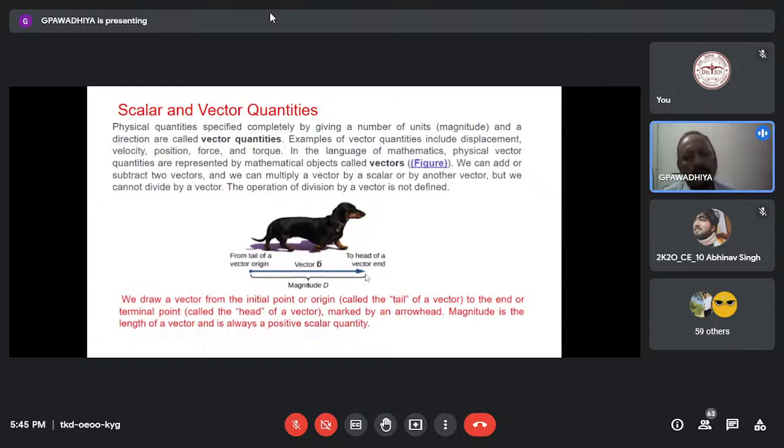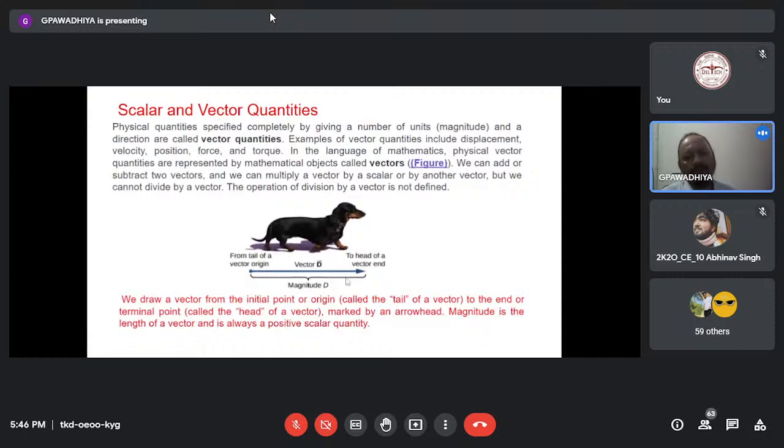And the length of the dog is representing the magnitude of this vector. So it has a tail, it has a head, and a particular direction in which it is getting applied. And geometrically, we represent the length as the magnitude. So suppose this length is, say, 50 centimeters or 100 centimeters, 1 meter, something, then it is 1000 mm or 100 centimeters.